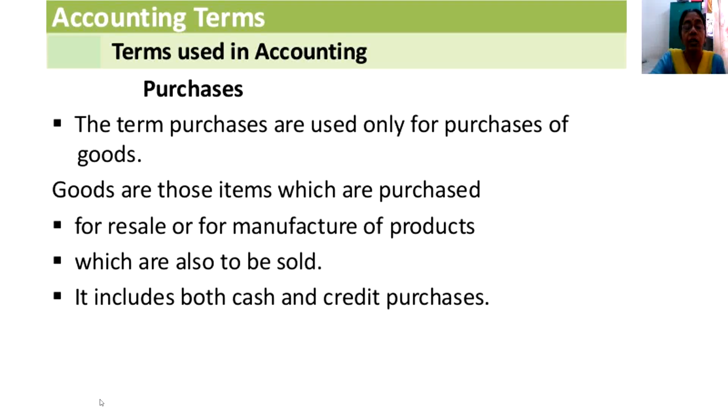It only refers to the goods which are being purchased by the business person. And remember, the meaning of the goods is retained here when you talk on purchases also. They are meant for either manufacture if you are talking about raw materials, or they are meant for resale when you are talking about finished goods. And it includes both cash purchases as well as credit purchases.